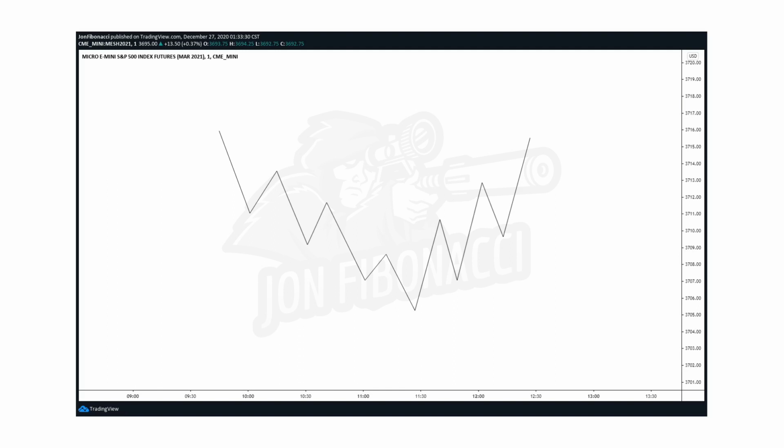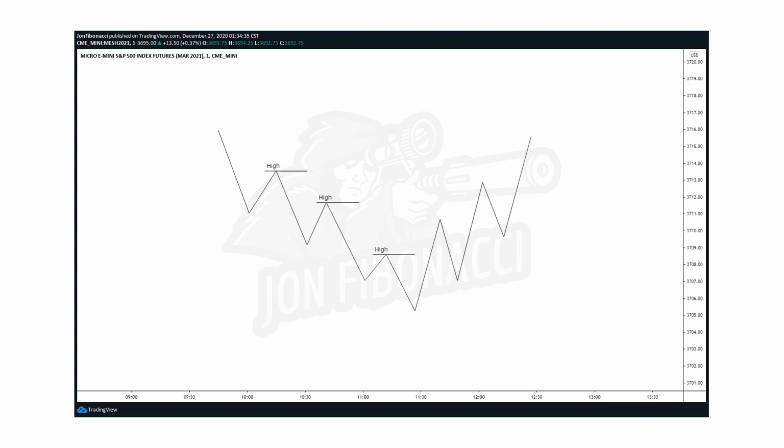You have a series of lower lows and lower highs. You see that here where you've got highs. I didn't put the lows on because that's not what's important, because a lower low, that's fine. But when you have a high and then a lower high and then a lower high, you finally get that break of structure here.